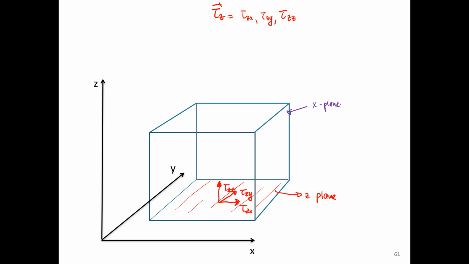The way I sketch these viscous stresses, they will point against the coordinate system, right? So there will be tau xx. What is this one?